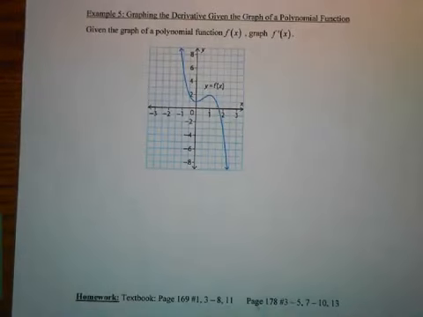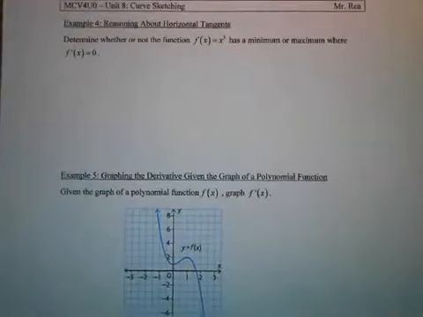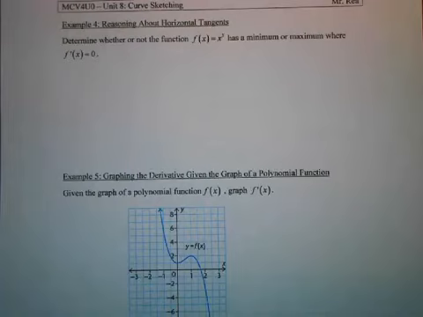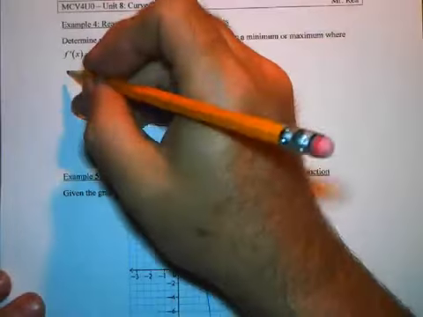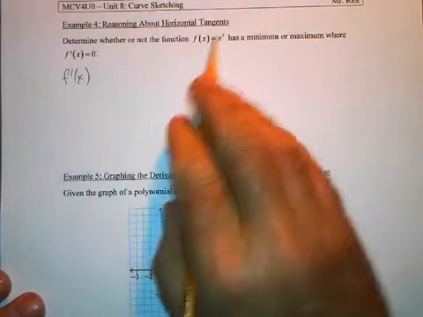All right, last couple. These should be quick. Determine whether or not the function f of x equals x cubed has a minimum or a maximum where the derivative is 0. So we kind of looked at this a little bit, but the derivative would be 3x squared.